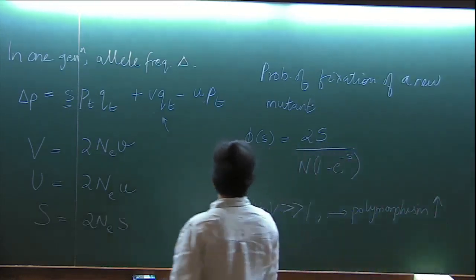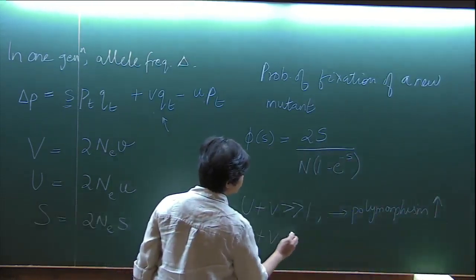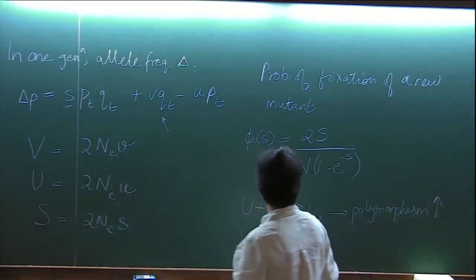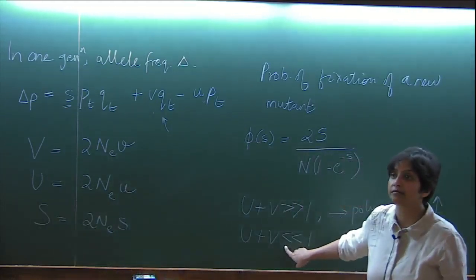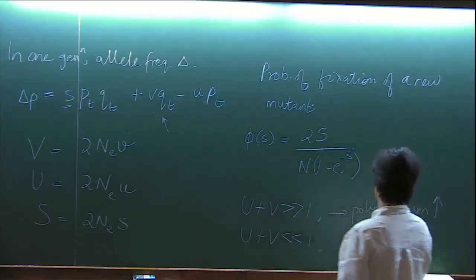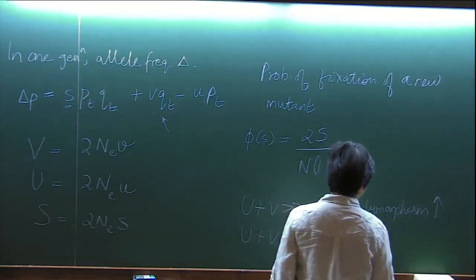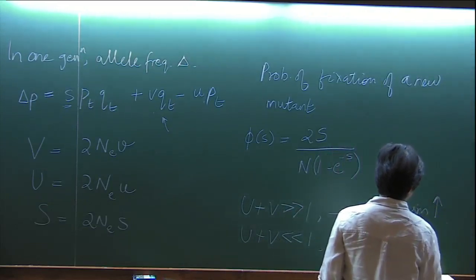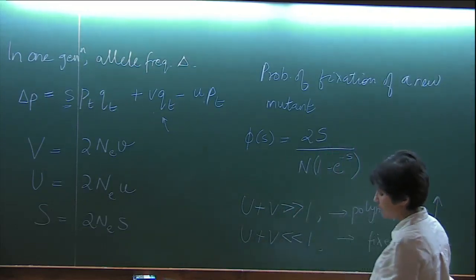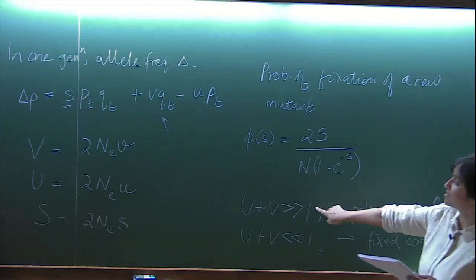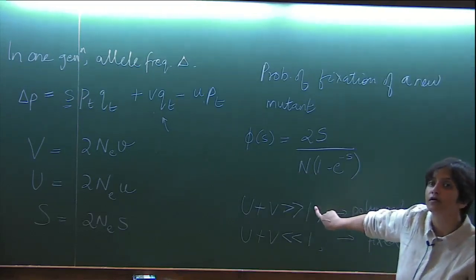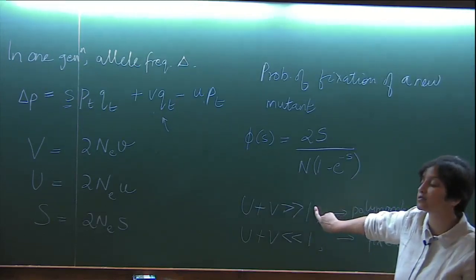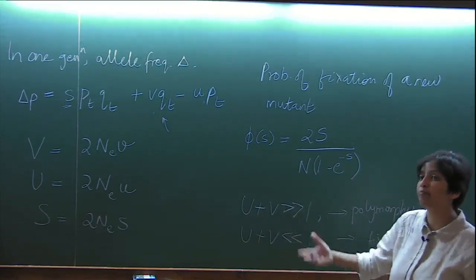But when the opposite is true, u plus v is much smaller than 1, it means mutations are relatively rare, right? And then you should see most sites are fixed. And when is this going to be the case? Under what conditions is the number of mutations that are being sampled very high?